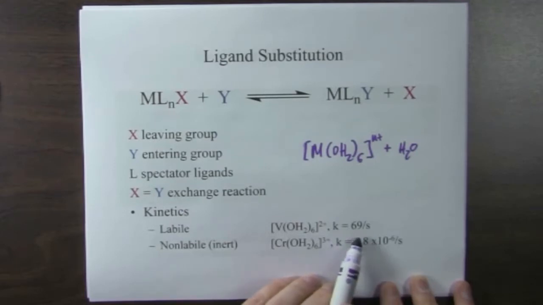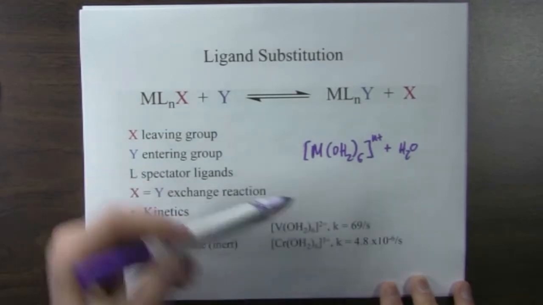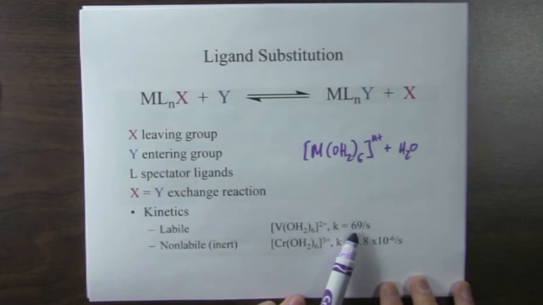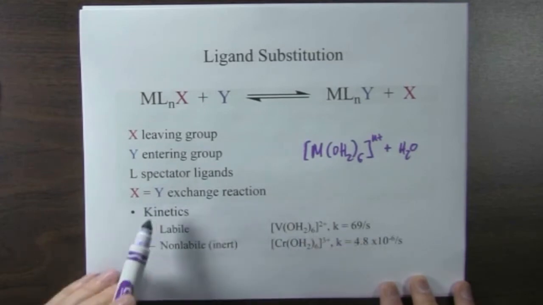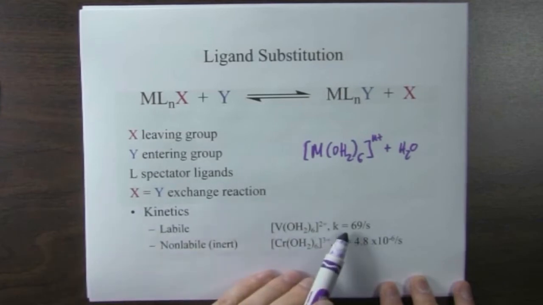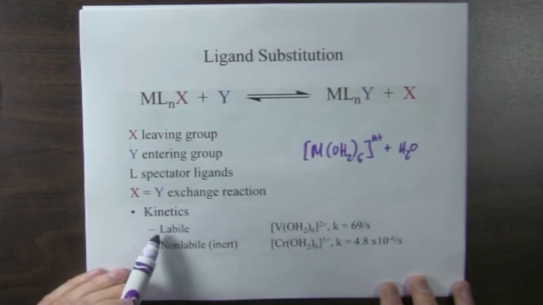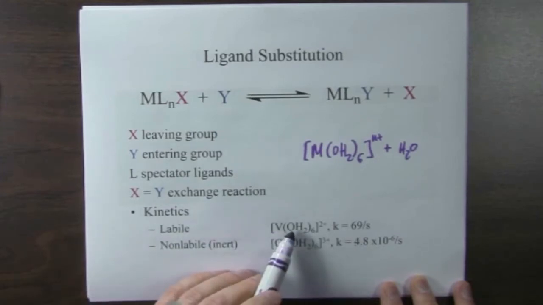I guess it's first order, so that's the units there. And so that's quite fast. And so this complex with this large of a rate constant for exchange we would call labile. It's kinetically unstable. This ligand will exchange readily.